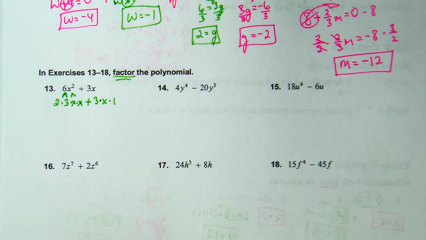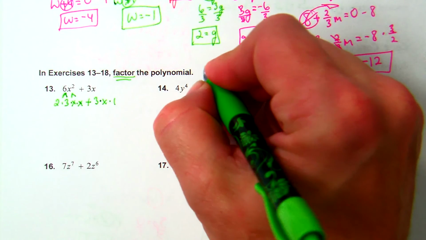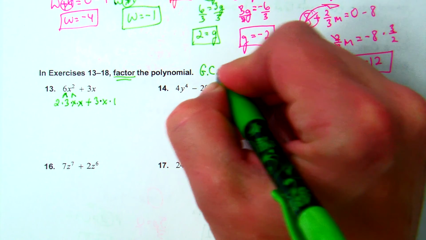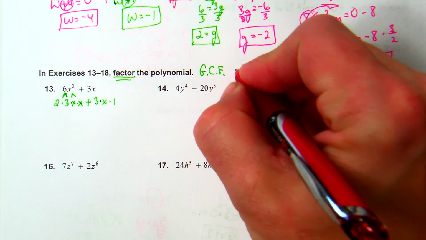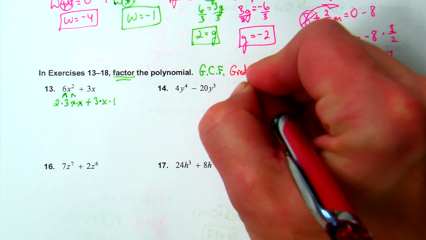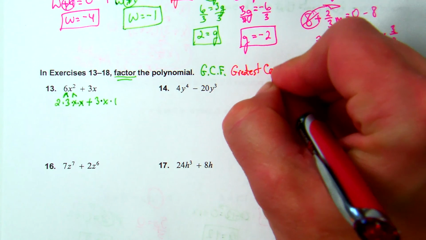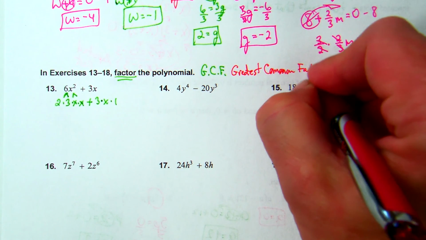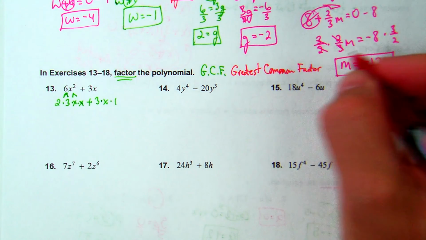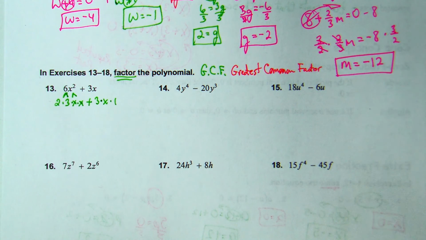So now, we're looking for the GCF. Does anybody know what GCF stands for? Greatest common factor. Yes, we're looking for the greatest common, meaning it's in both terms, factor.